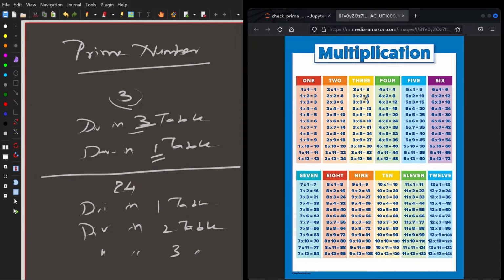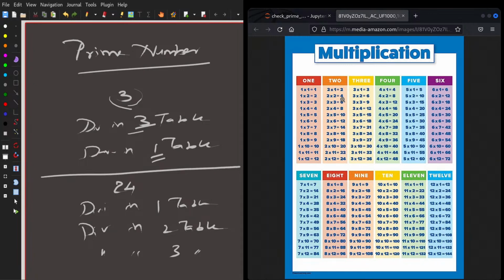Understood? It should be divisible only by itself and 1. Itself means, in our case, 3. For example, let's take 4. 4 is divisible in the 4 table and in the 1 table, but 4 is also divisible in the 2 table.